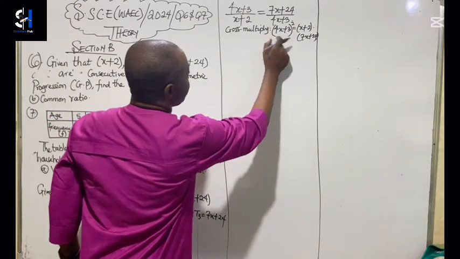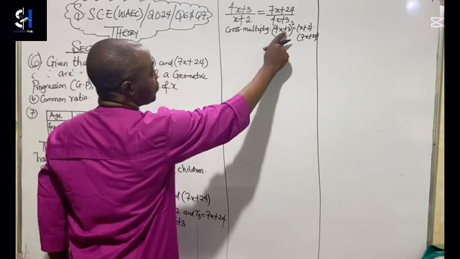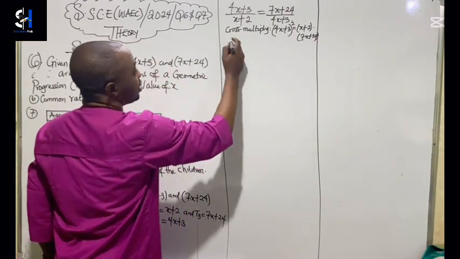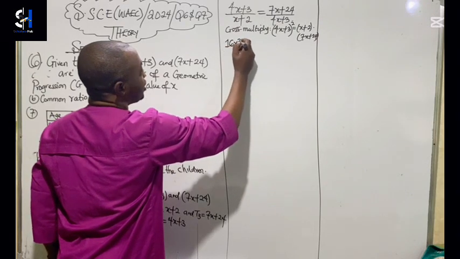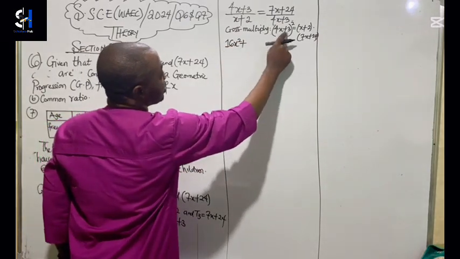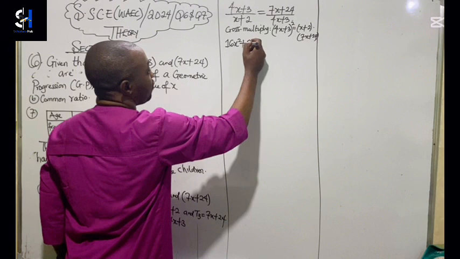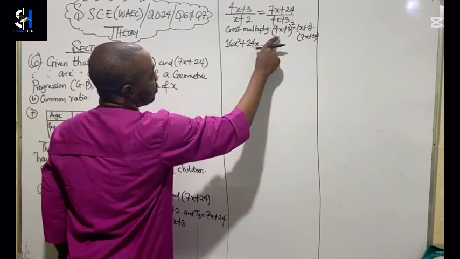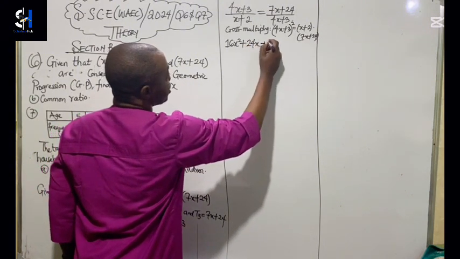Let's expand the left-hand side, which is the square of 4x plus 3. That will be 16x squared plus 4 times 3, that's 12, so 24x, then plus 9.